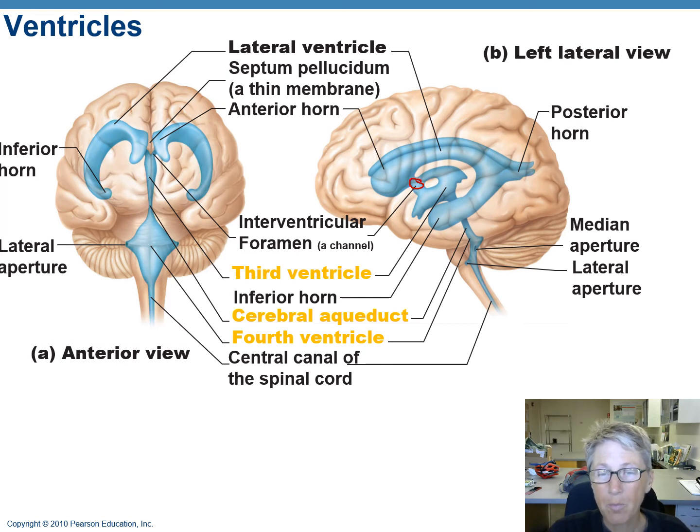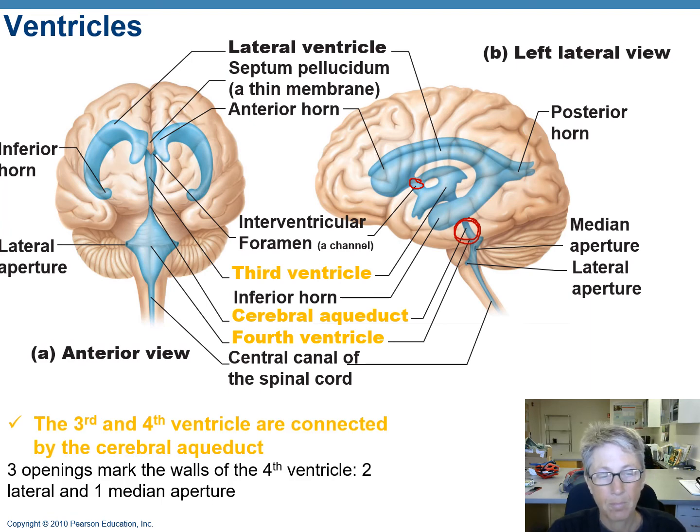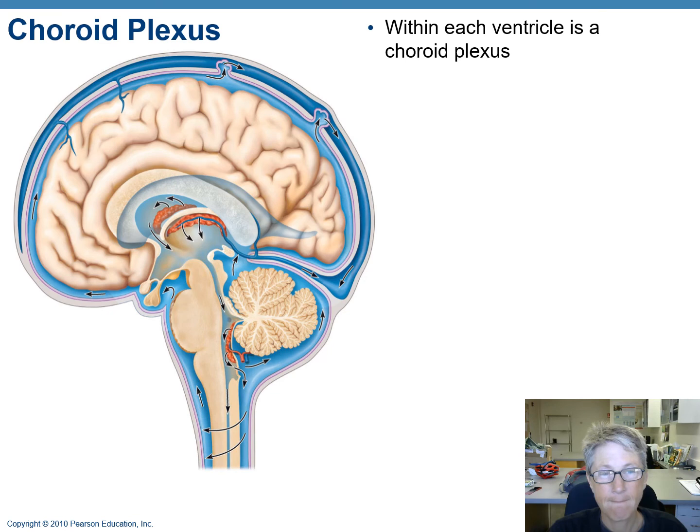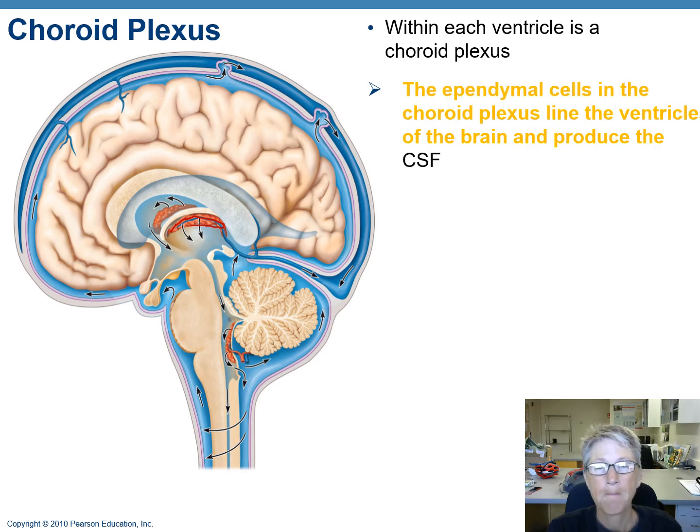If you want to go from the third ventricle into the fourth ventricle, you have to go through this structure called the cerebral aqueduct. And I told you that the CSF was made by this red stuff. That's called a choroid plexus, and the ependymal cells in this choroid plexus line the ventricles and make the CSF.